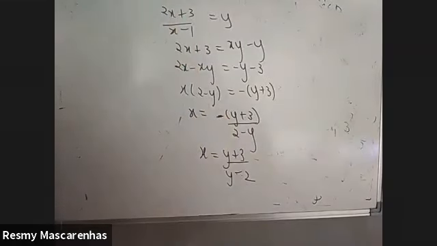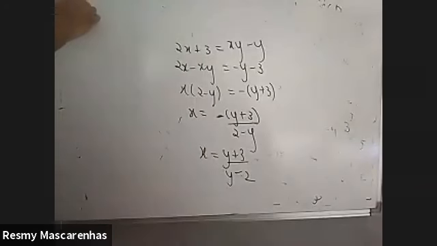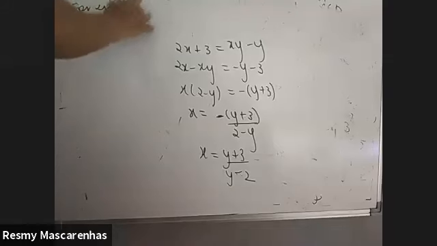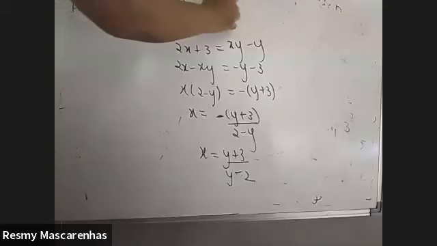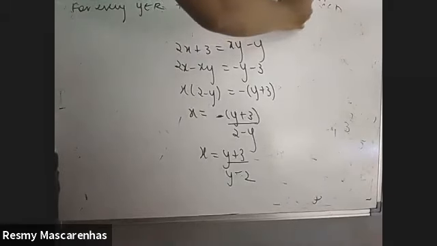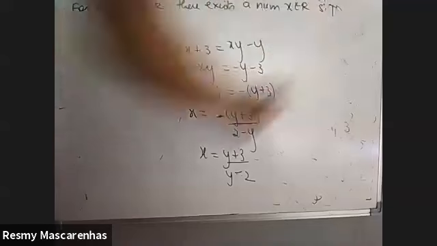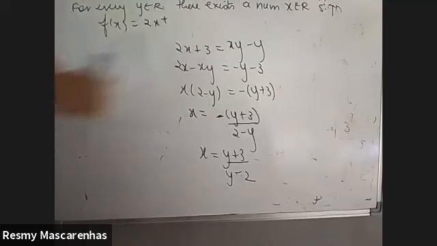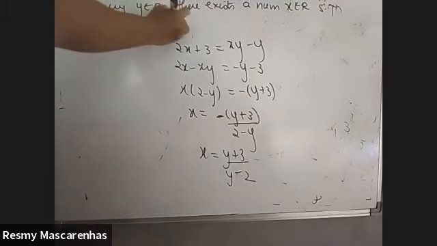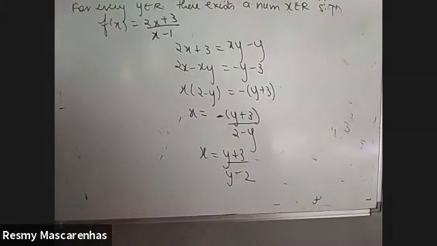Then you have to prove that it is onto. So for every y belonging to R, there exists a number x belonging to R such that f of x equals y. Okay, now substitute the value of x over here.